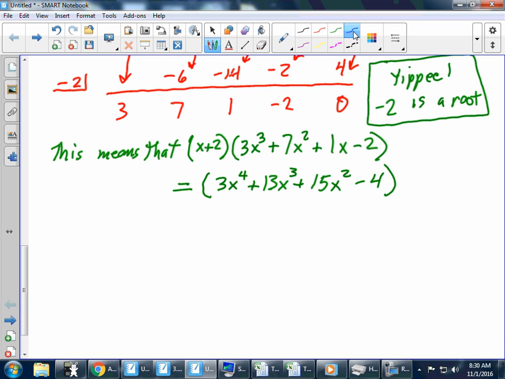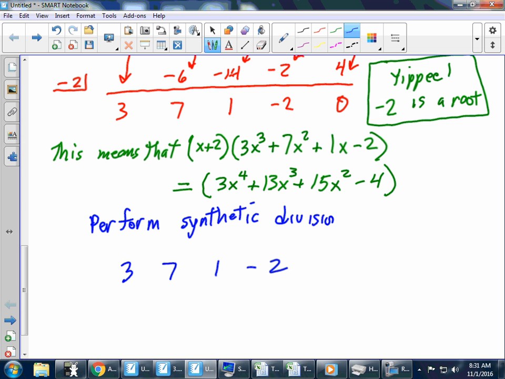We write 3, 7, 1, negative 2. I should write what I'm doing for your notes: perform synthetic division again.